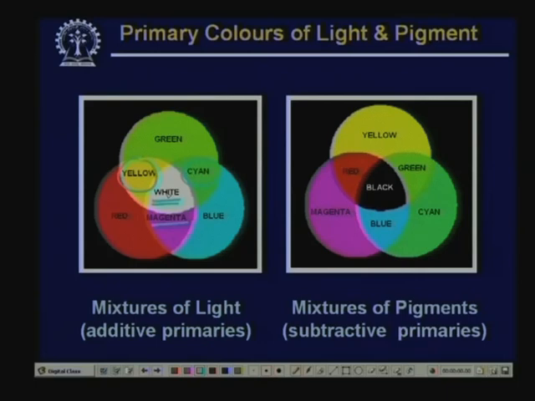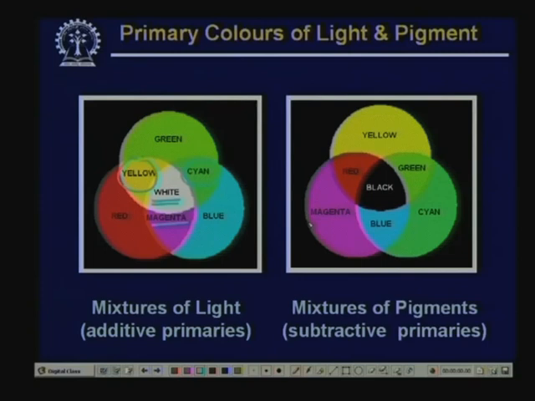Similarly, when it comes to pigment primaries, yellow, which is a secondary color for light, is a primary color of pigment. Magenta, which is a secondary color of light, is also a primary color of pigment. Cyan, which is a secondary color of light, is a primary color of pigment. When these pigment primaries are mixed together, they form the primary colors of light.